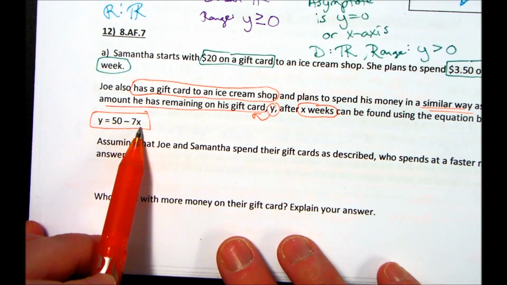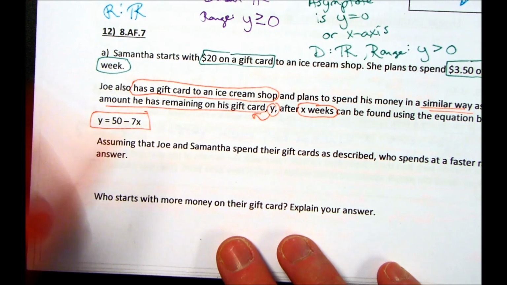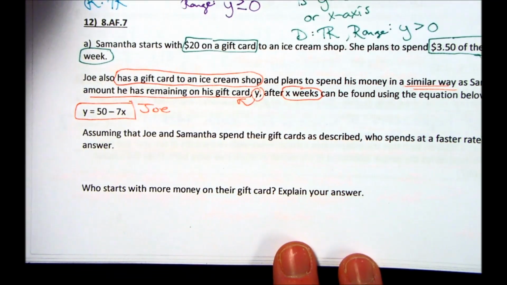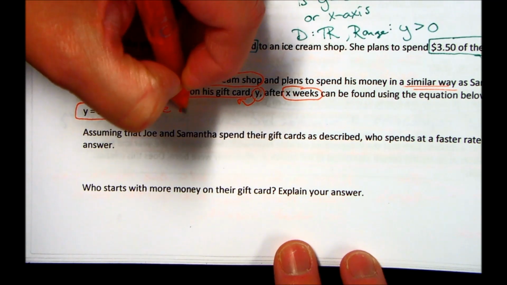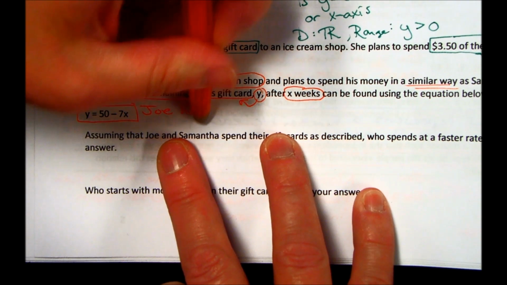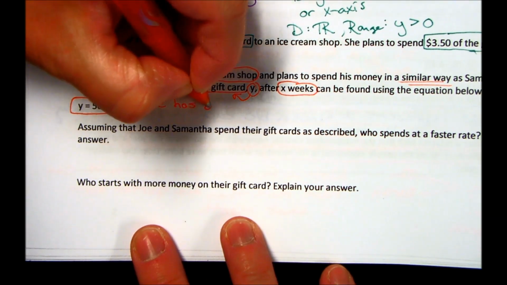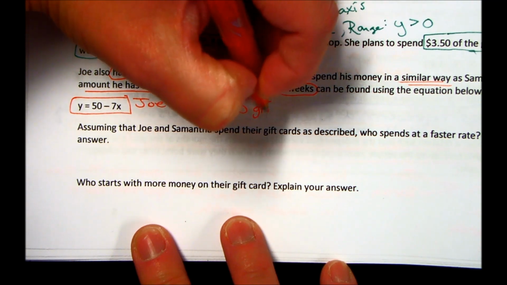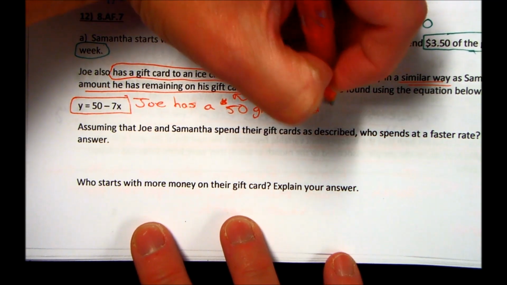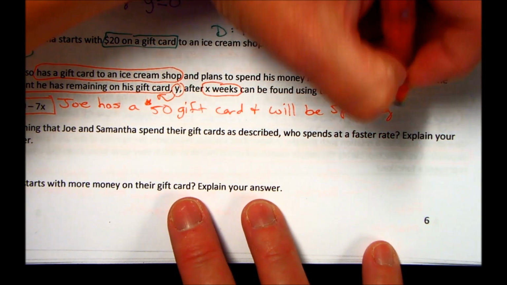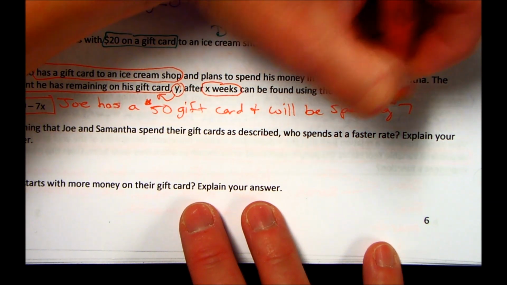So basically we could write here: Joe has a $50 gift card and will be spending $7 each week.